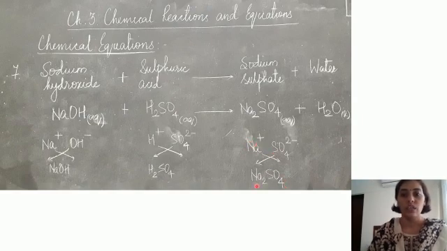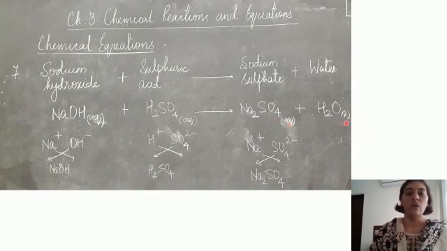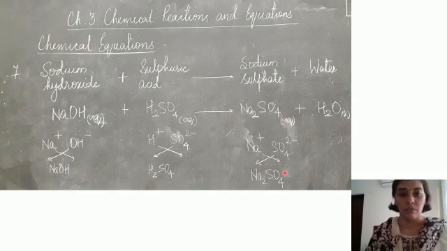So you get the formula Na2SO4. That is aqueous, and water is liquid. This is how we get the formula for sodium sulfate. We'll learn about the balancing in the next slide, and I hope you have understood this.